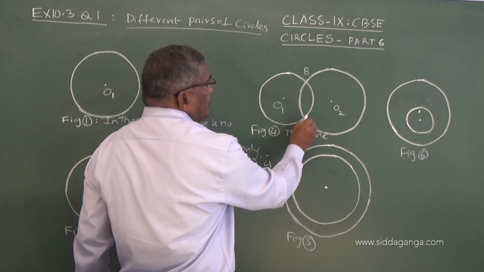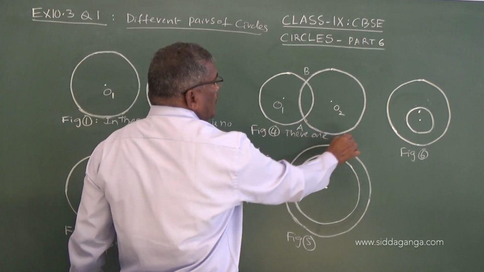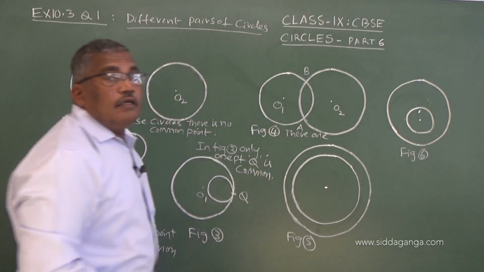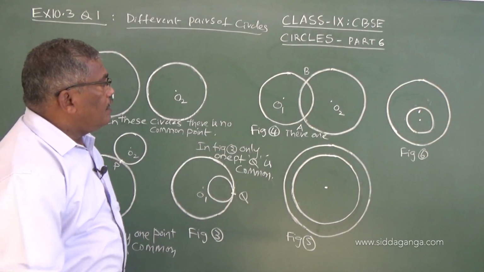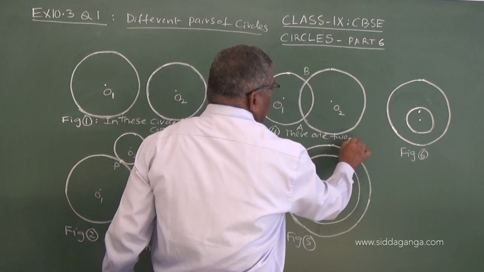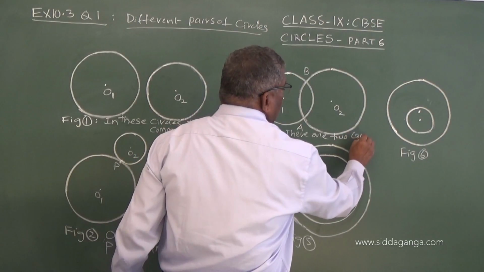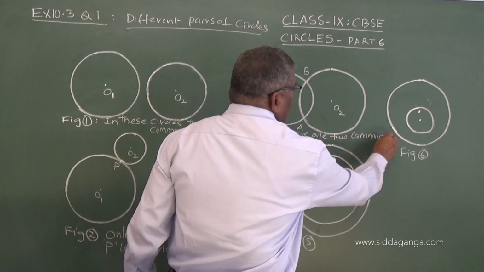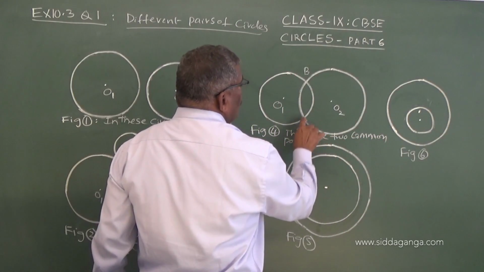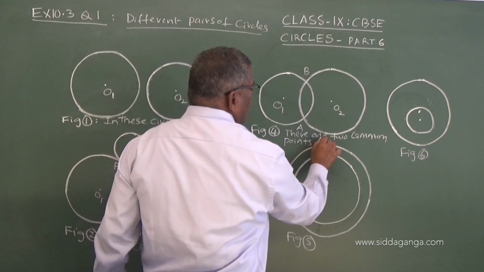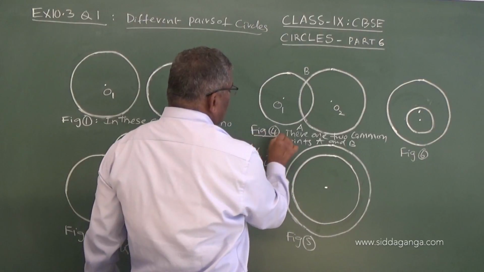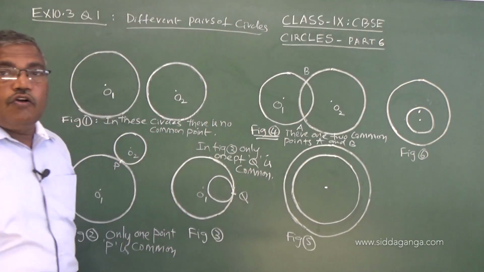So common point A is a point on the circle with center O2. A is also a point on the circle with center O1. So there are 2 common points, A and B. This is with respect to figure 4.